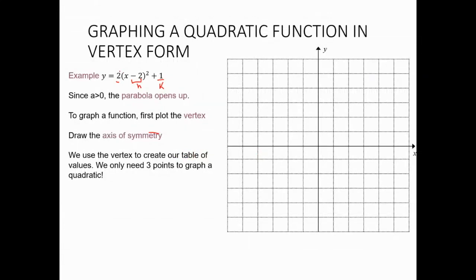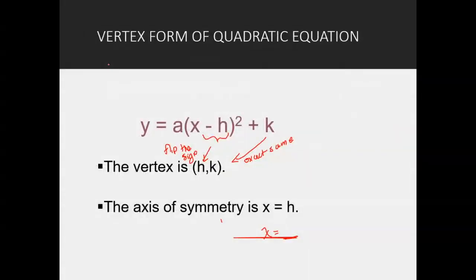The first thing we're going to look at is the a value. I'm going to add this back to this slide. If a is greater than 0, then it opens upwards, because when positive things happen, I smile.